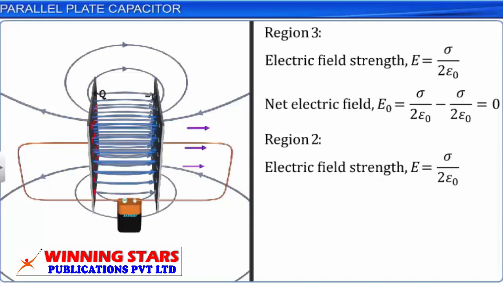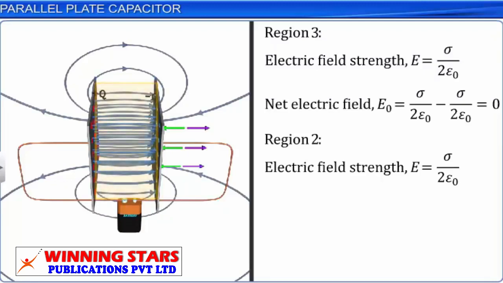Due to the negative plate, the electric field strength E is equal to sigma by 2 epsilon naught, directed towards the negative plate and towards the right. Region 2, in between the plates, has two electric fields of equal magnitude, sigma by 2 epsilon naught, both pointing towards the right.